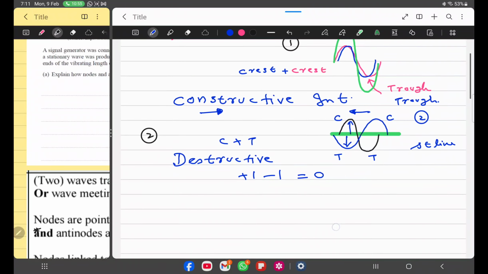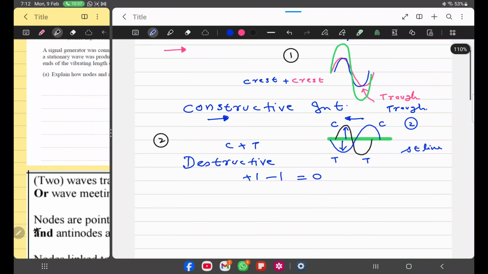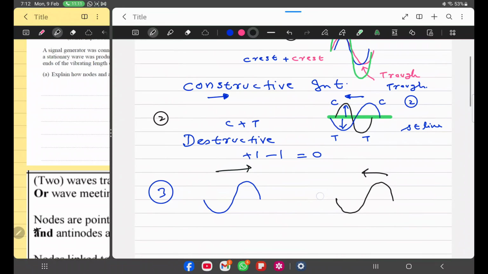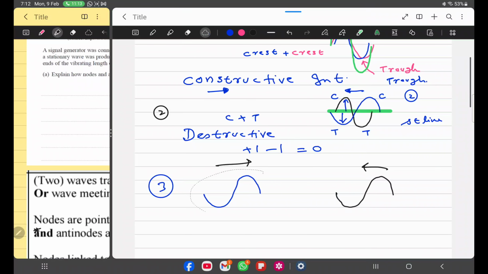And now I am giving you the last situation. So in the last situation, consider this is a blue wave. Consider this is a black wave. And the two waves again moving towards each other. And now I am moving this wave.